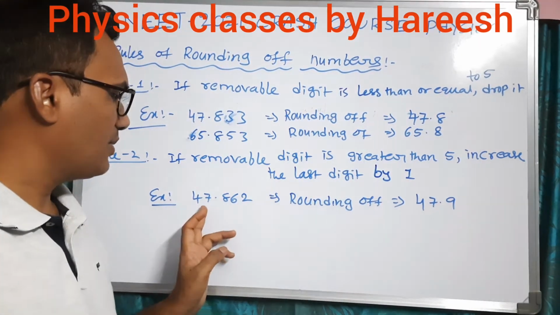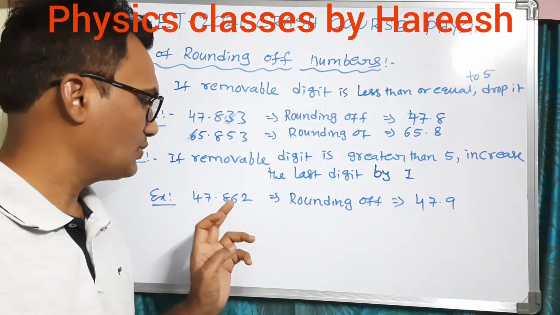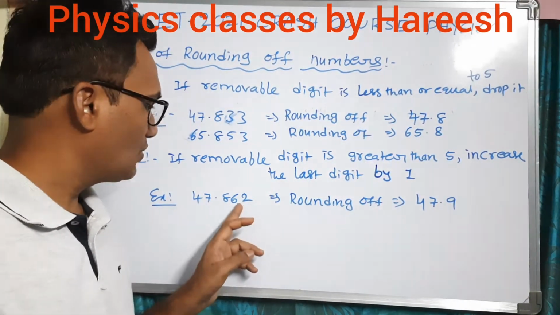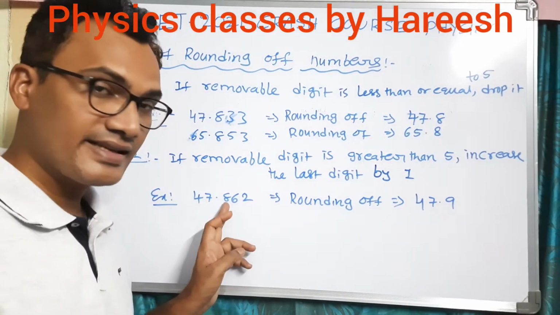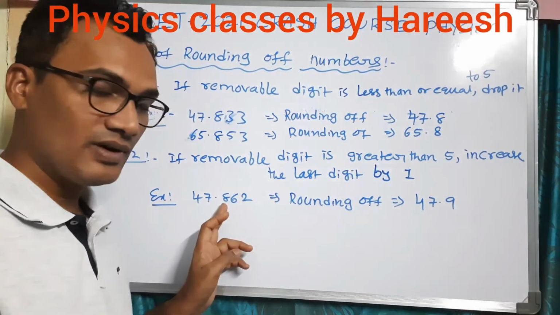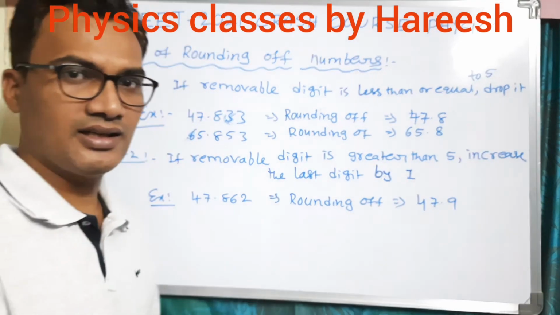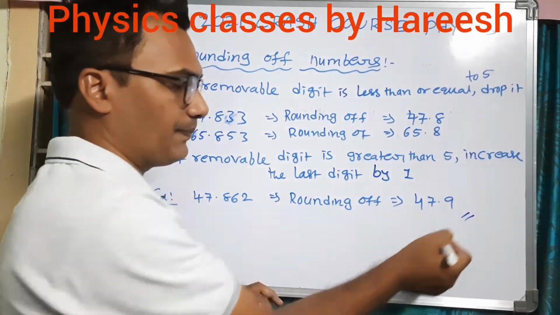So the second rule is, if the removable digit is greater than 5, increase the last digit by 1. Here the given measurement is 47.862. The second digit after the decimal is greater than 5, so the last digit is increased by 1. We have to add 1 to the 8, so the rounded number is 47.9.